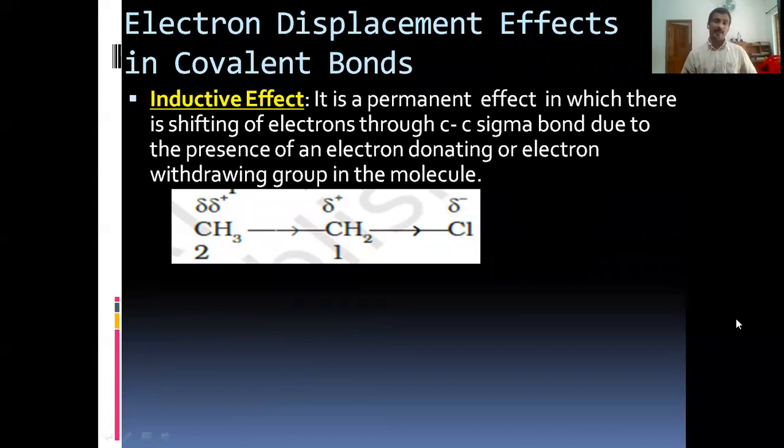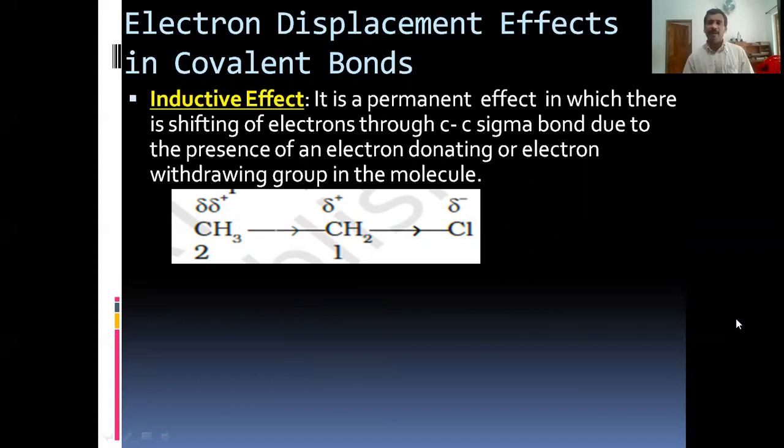Electron displacement effects in covalent bonds. In organic reactions, it is very important. When we discuss the reaction mechanism of organic reactions, you should have a clear idea on this topic, electron displacement effects in covalent bonds. The first one is inductive effect.